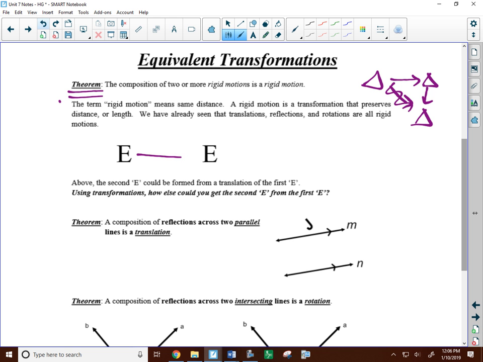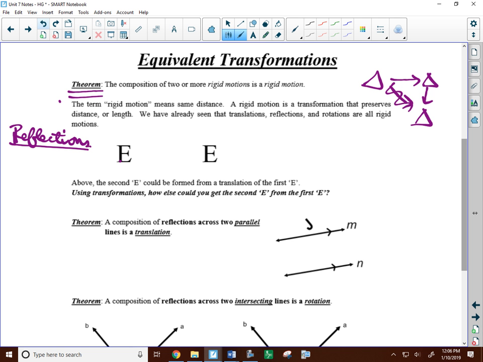The question is this: doing only rotations, okay, composition of rotations, which means you need more than one. Oh, reflections. Gosh, I'm so silly. Reflections. Using only reflections, what is another way that I could get from this E over to there?